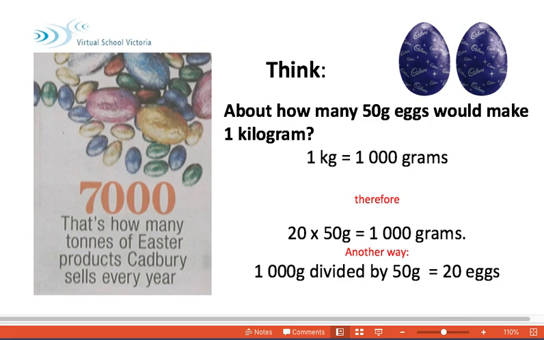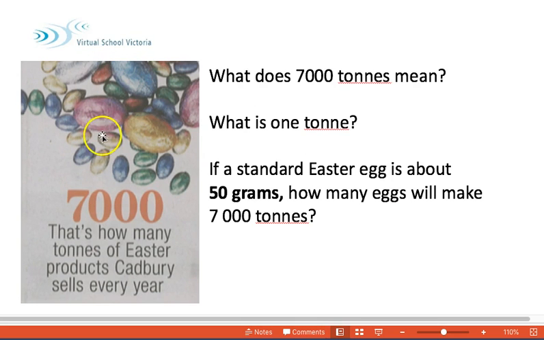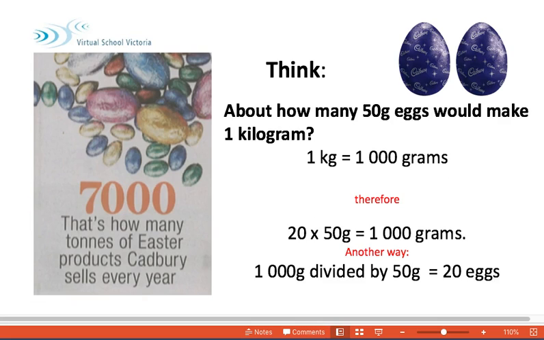When we solve problems, we start with what we know. So the information we know here is that we have 7,000 tonnes to work with, and we have 50-gram Easter eggs, and that's our starting point. Then we have to ask questions. What is a kilogram?